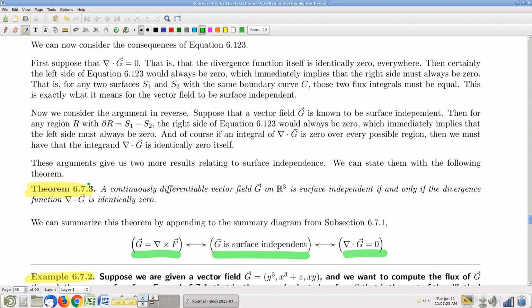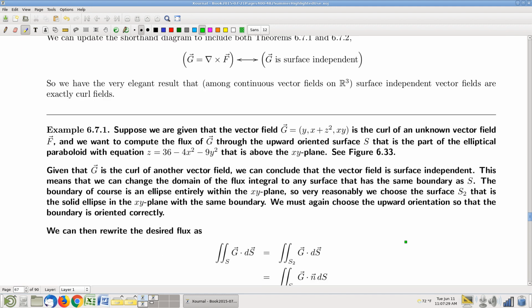So now I want to go back real quick to this example that we did. And there's something about this example that's a little bit disappointing. We had a vector field given. We had a surface given. And we wanted to compute the flux. And that's a pretty natural scenario to consider.